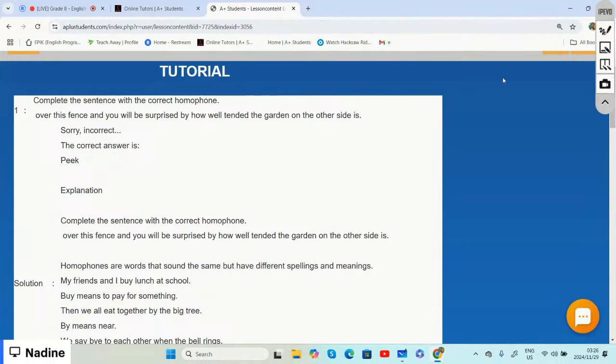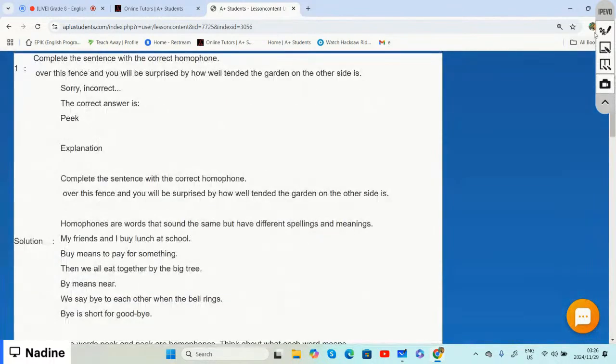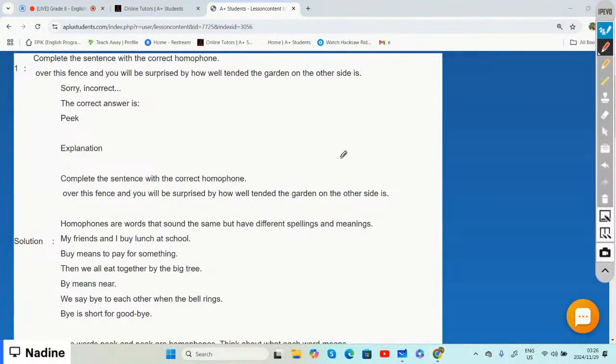It says we need to peek over the fence, and you will be surprised by how well tended the garden on the other side is.